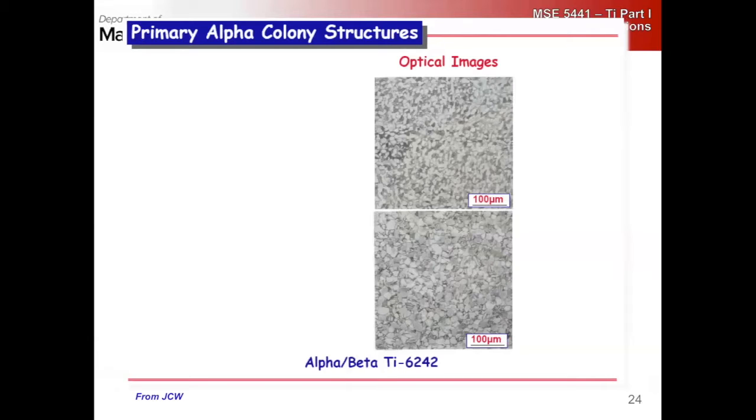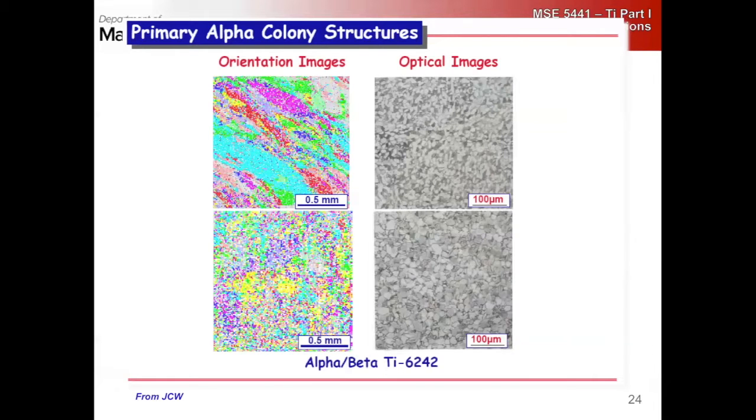Okay. So this was a huge problem. It still is a problem in titanium, but forging processes have been changed, right? And no one had an answer for this really until EBSD was invented. If you put the EBSD images of these side by side, you see something quite drastically different.